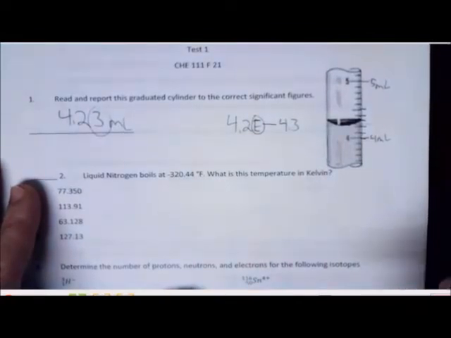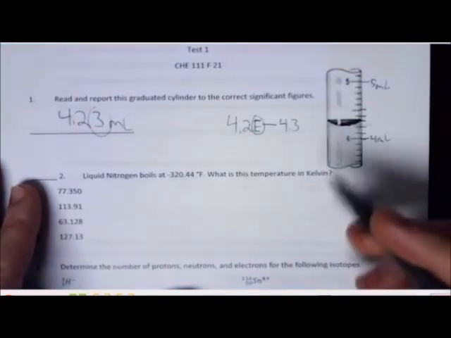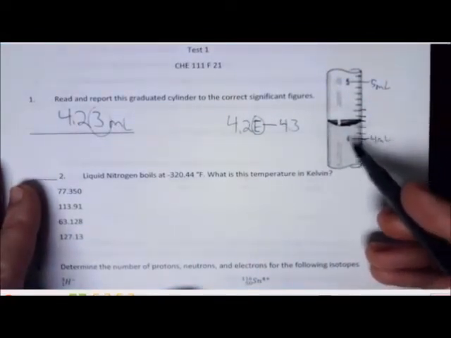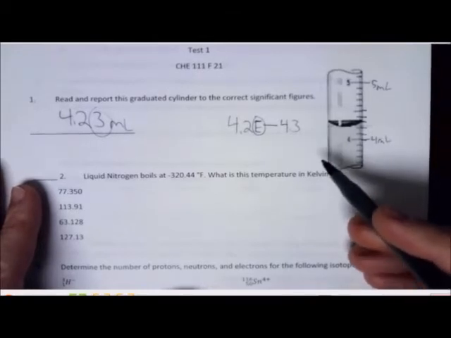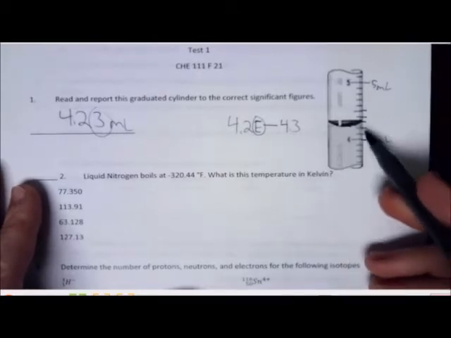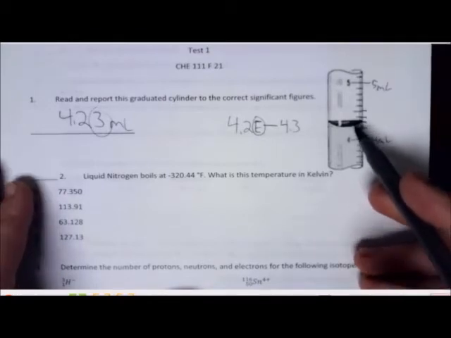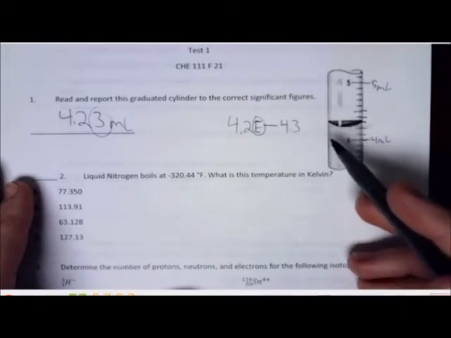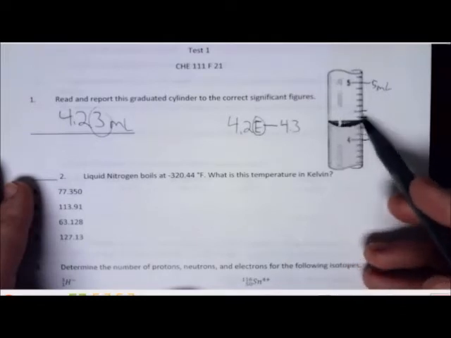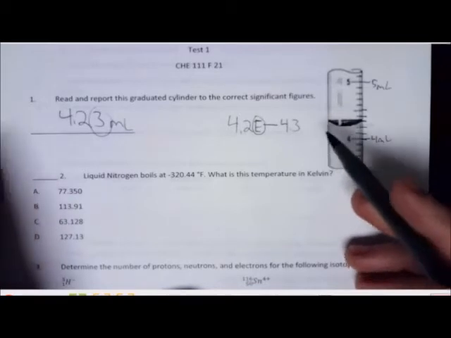You don't have to be exact because it is an estimation. You should be somewhat close, but there can be some room for disagreement. There is no disagreement that it's 4.2 something, but there might be some disagreement that it's 4.23.